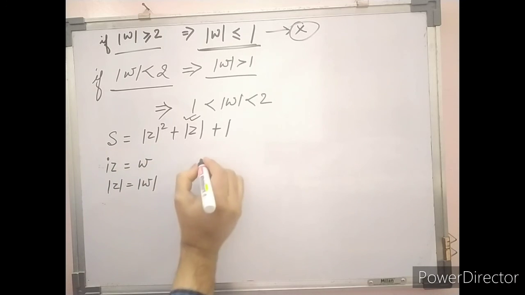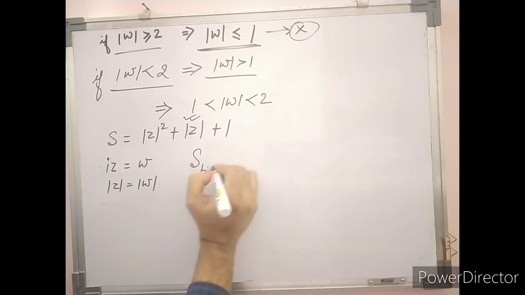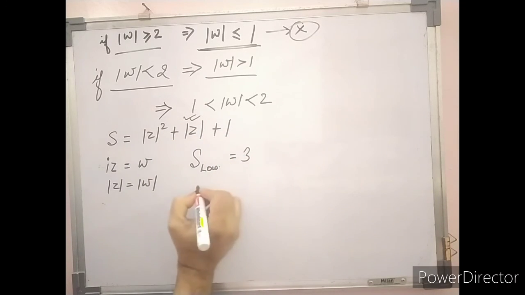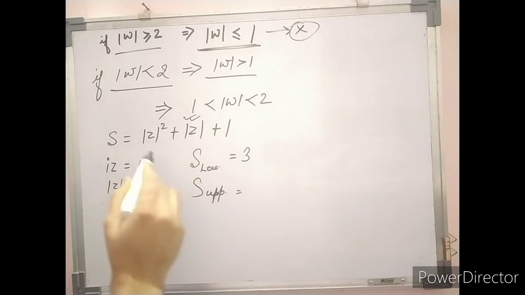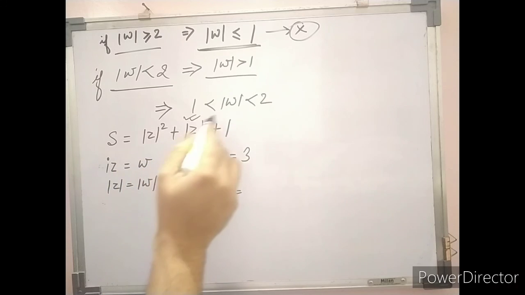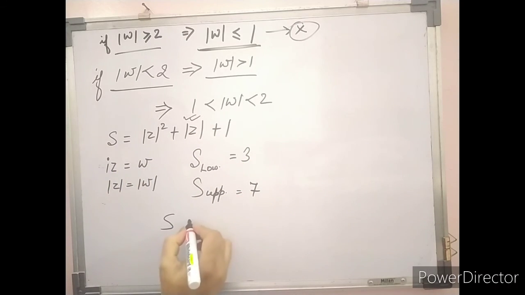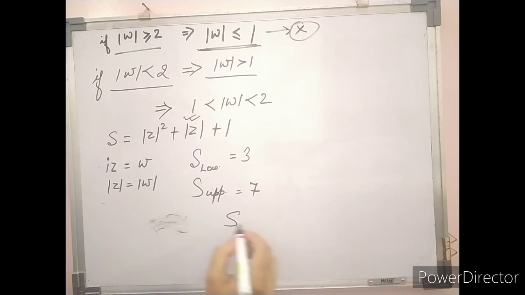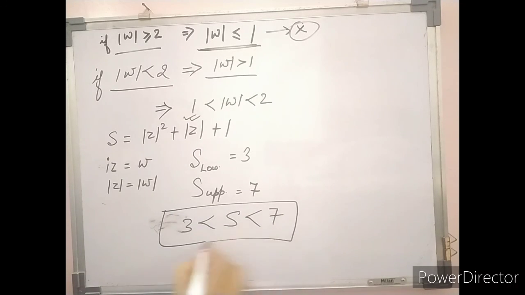So if I put the value of 1 here, then s lower bound is equal to 1 plus 1 plus 1, 3, and s upper bound is equal to, we will put the value of 2. So 4 plus 2 plus 1, that is equal to 7. So s lies in the interval, s is greater than 3 and less than 7. Okay, so this question gets solved like this.